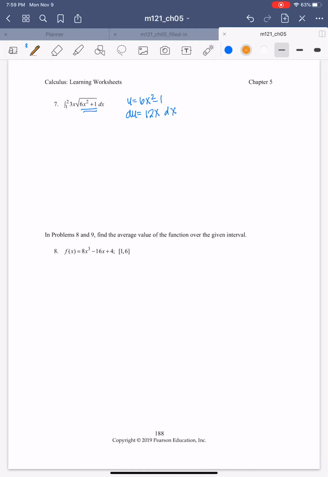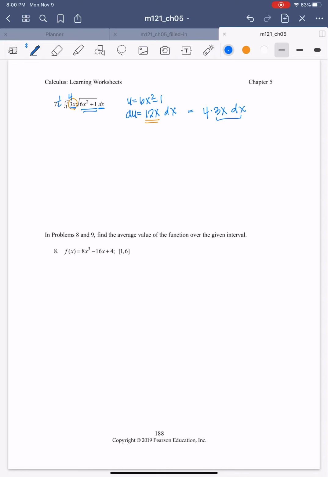Remember the trick that we saw? I have only 3 and then I need 12, which means you can rewrite this really as 4 times 3x dx. 12x is the same thing as 4 times 3x. So I already have this x dx, so I need 4 to be multiplied.